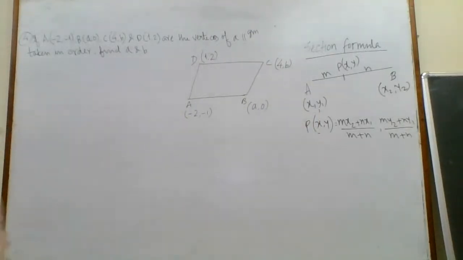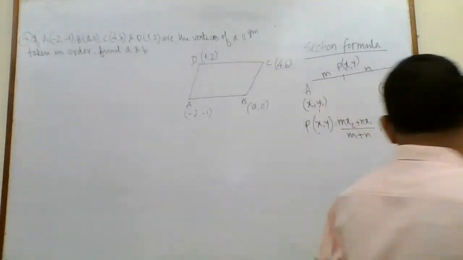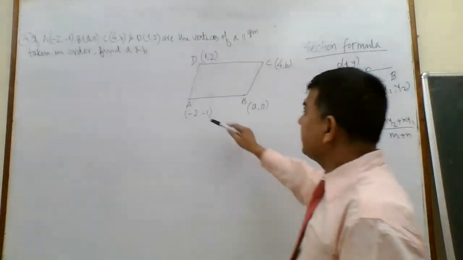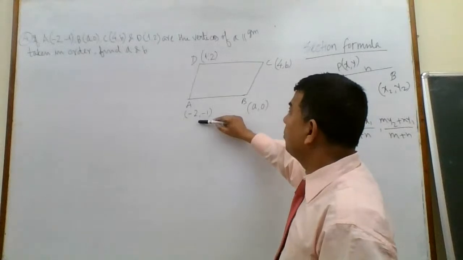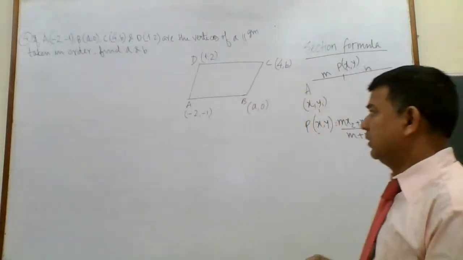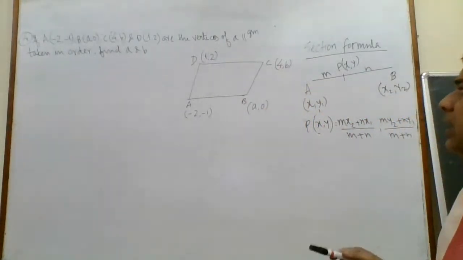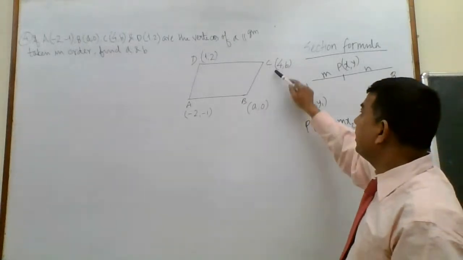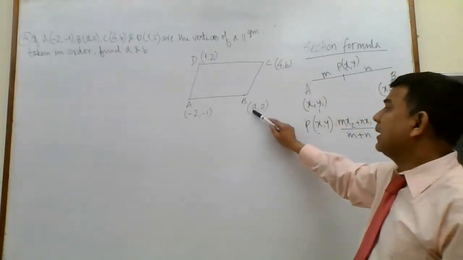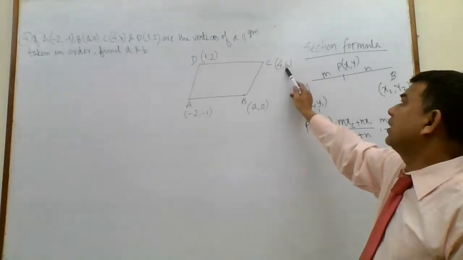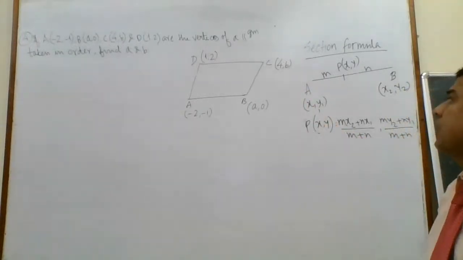Now this question can be asked in two different ways. Right now what we observe is that out of these four, 2 points are completely known, that is, both x and y are known, whereas in the remaining 2 points, in one place x is unknown, in the other place y is unknown.